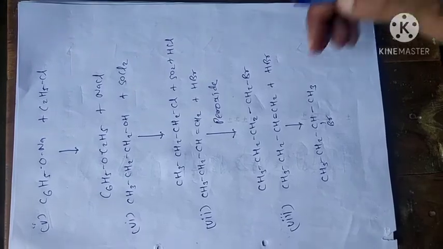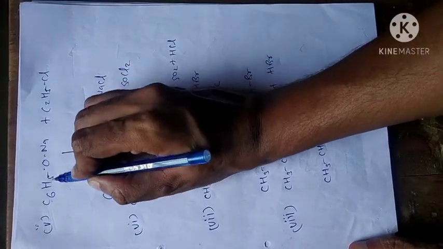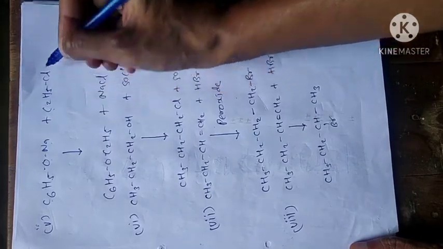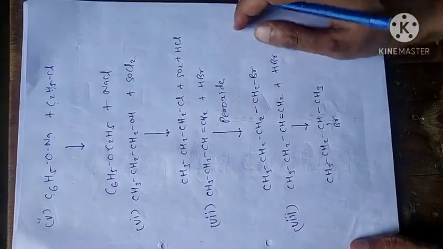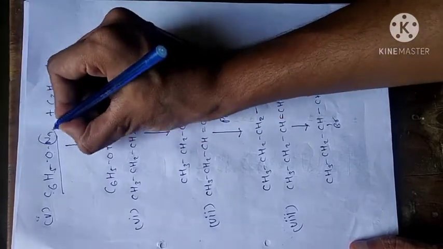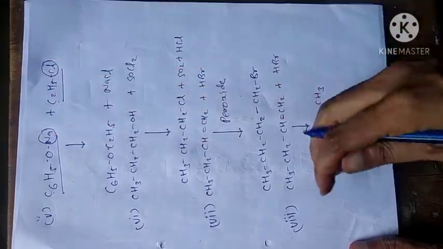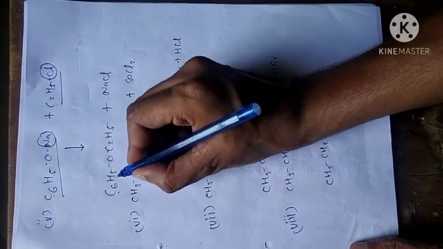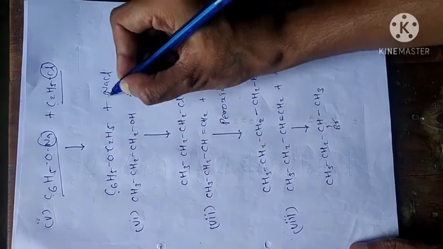Next reaction, C6H5ONa plus C2H5Cl gives, so we have this starting material and this one. You can see we can remove NaCl, so just remove it and combine these both. So our product will be C6H5OC2H5 plus NaCl.